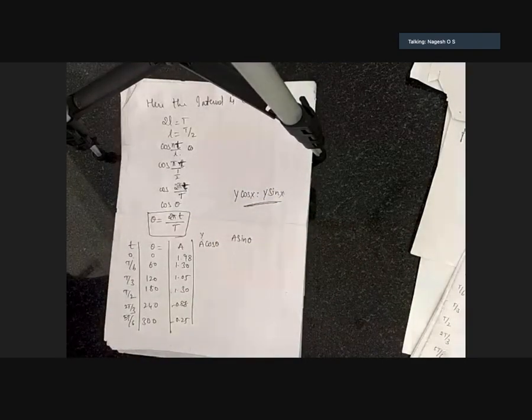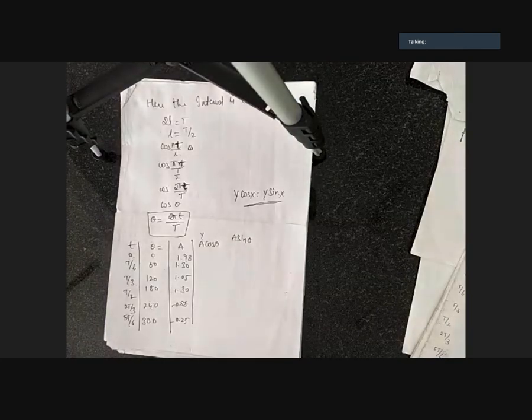Okay. Try this. Try this also. Any doubt in this? Finding out theta, 2 pi T by T. Or any doubt in this harmonic analysis?